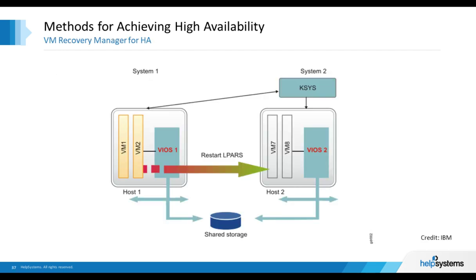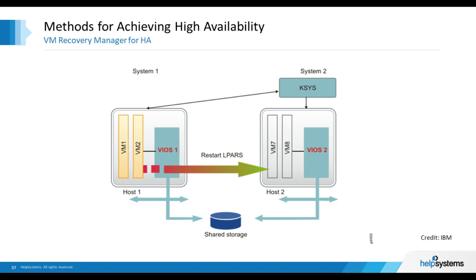So, IBM's VM Recovery Manager for HA. This enables failed VMs or LPARs to be restarted on an adjacent server. This is a shared storage topology and typically used in conjunction with LPM, which we've talked about. It requires what's called a KSYS controller, which runs AIX.